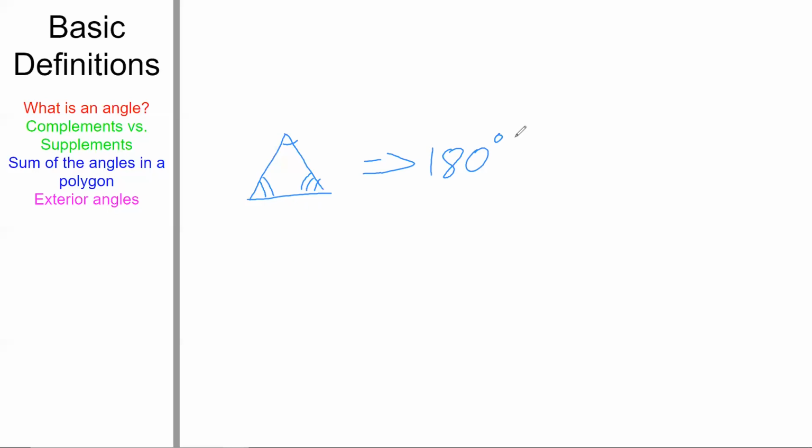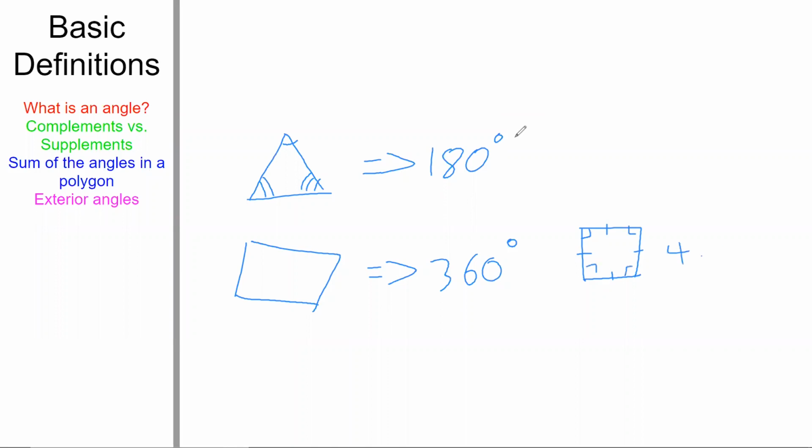And so let's also take, for example, a quadrilateral, which is a polygon with 4 sides. The angles in the quadrilateral add up to 360 degrees. And a simple way you could convince yourself that this is true is that if you take the most basic quadrilateral, which is a square, there are 4 corners of a square and each one is a right angle.